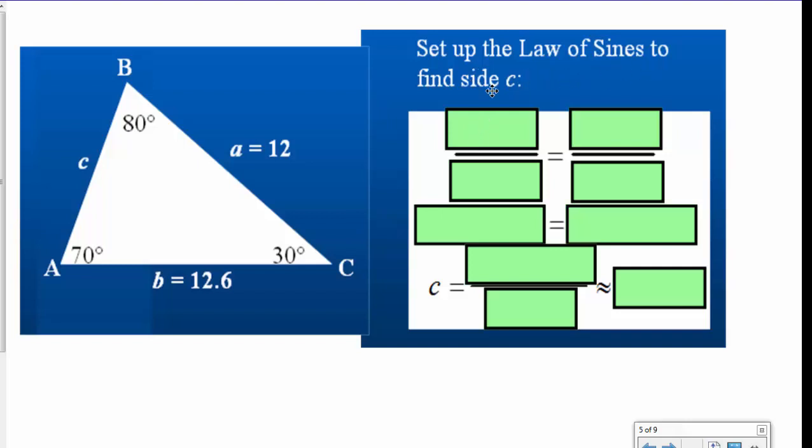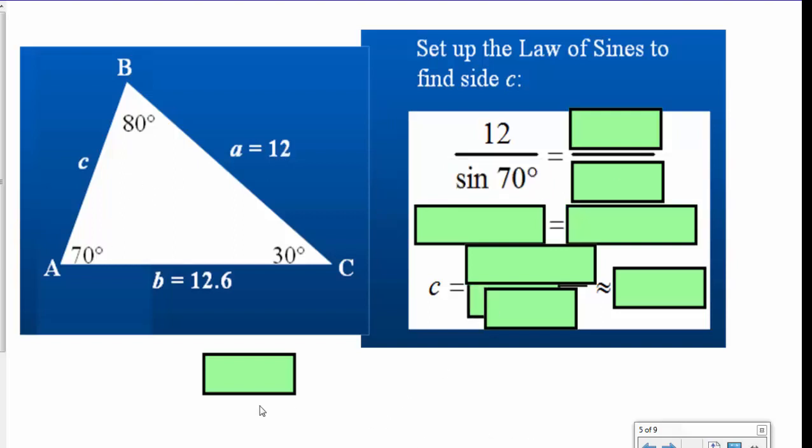So we set up the law of sines now to find little c. Again, it's a proportion. On this one, I'm going to use 12 and sine A, and what I need to find.